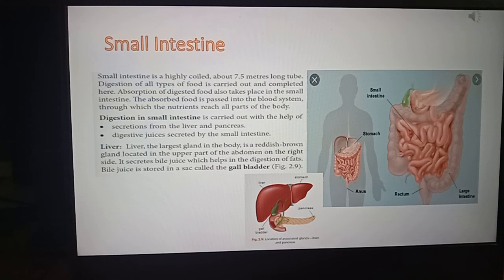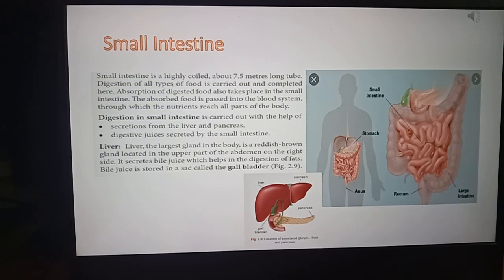If it acts on fat, the fat gets converted into fatty acid and glycerol. In the same way, starch is a carbohydrate, and the carbohydrate gets broken down into simple sugar, that is glucose. So this is how digestion occurs in the small intestine.